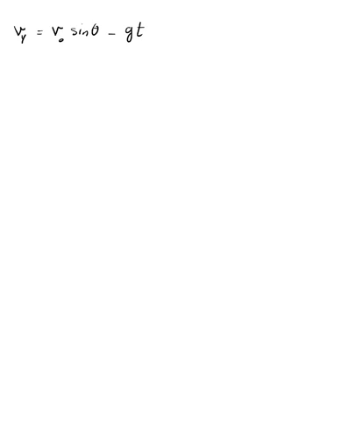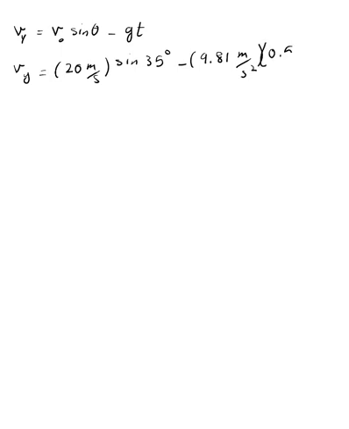So vy is 20 meters per second sine 35 degrees minus 9.81 meters per second squared times half seconds. Okay, so v in y direction is 6.57 meters per second.